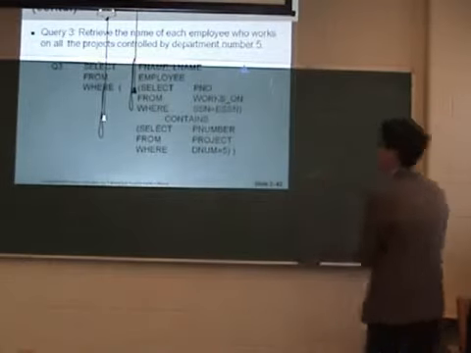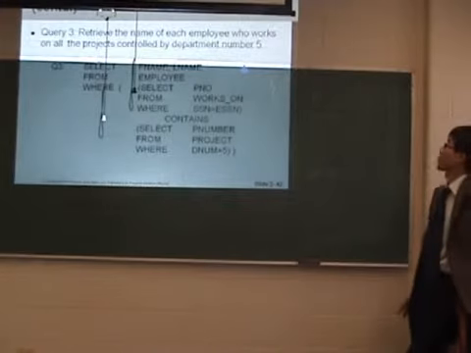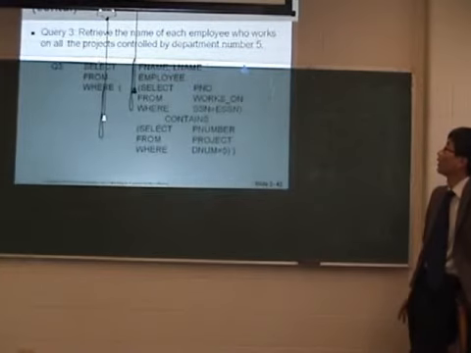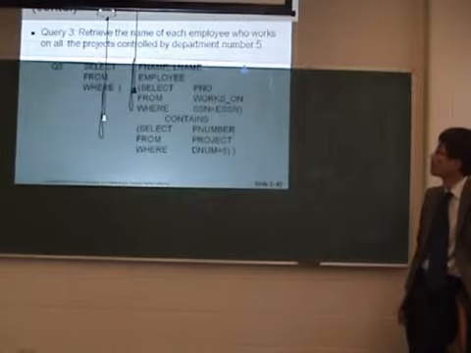Can you remember this query? Retrieve the name of each employee who works on all the projects controlled by department number 5. These are all the names of the employees who work on projects of department number 5.